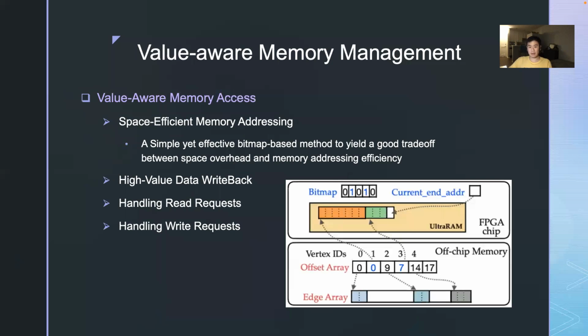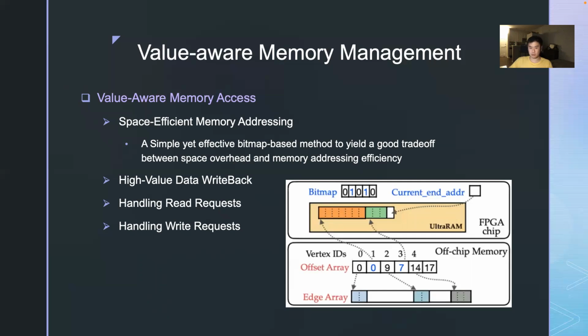In this different memory architecture, both the UltraRAMs and the off-chip memory hold edge data. Thus, we must know which memory and where the corresponding edge data are located when a vertex is being processed.